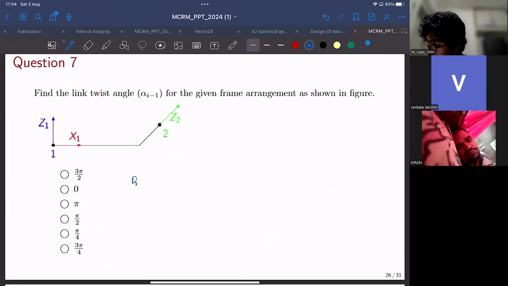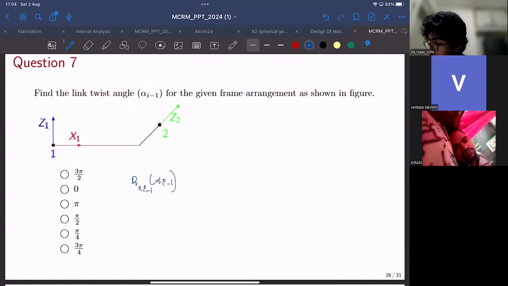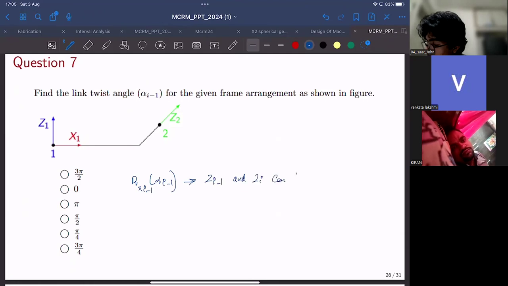Twist angle is the rotation about x(i-1) by alpha(i-1), so that z(i-1) and z(i) can be aligned. That is the twist angle, right?